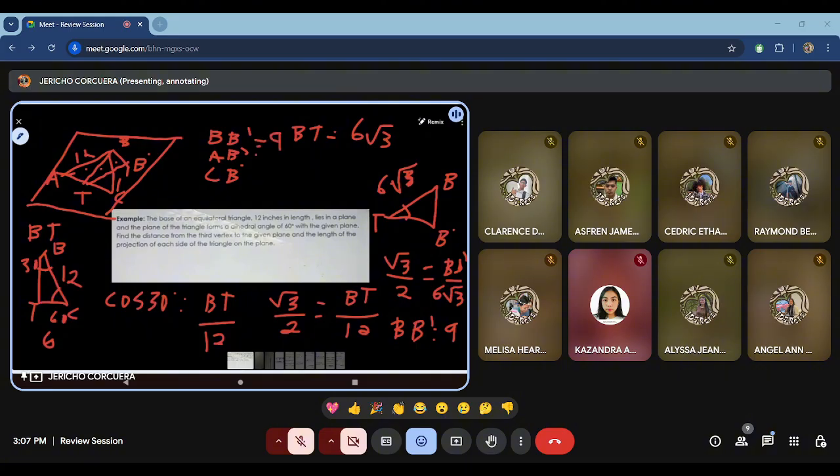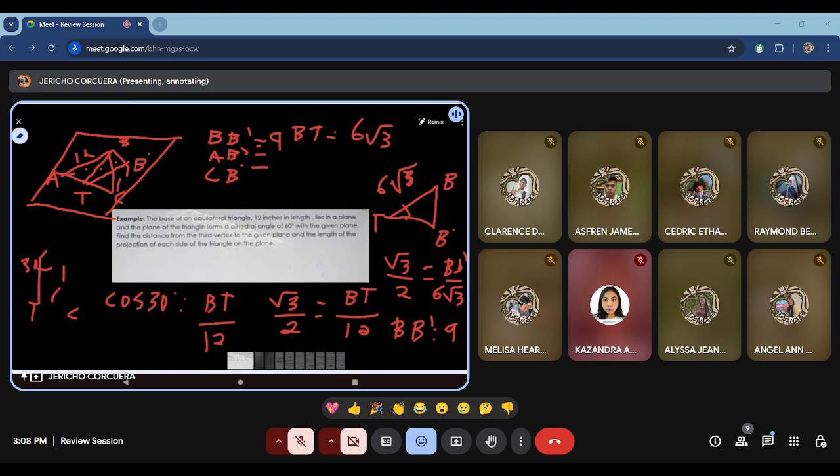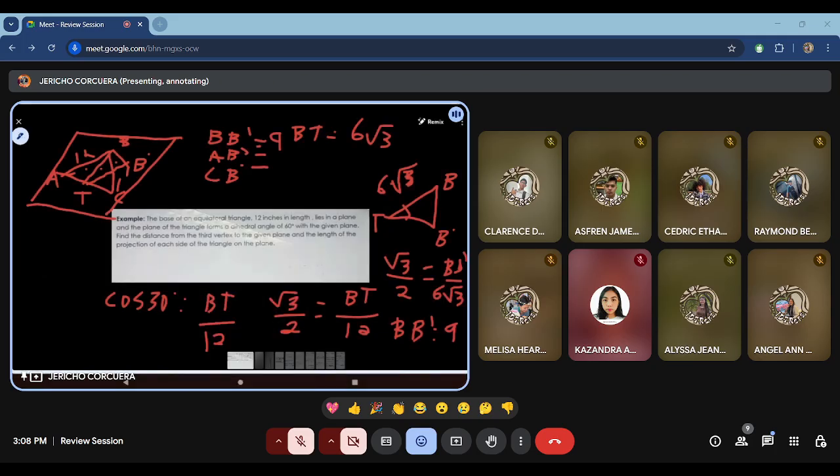And then for AB, we are going to look for the projections. Since it's equilateral, they are equal. Now let's look for CB prime. We have 9 and we have 12.